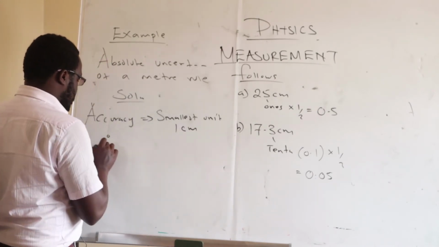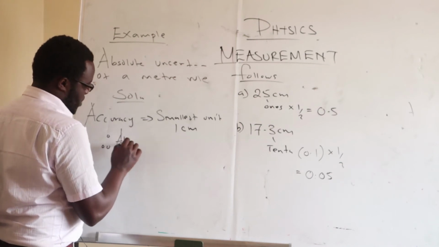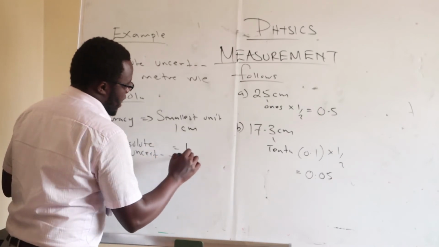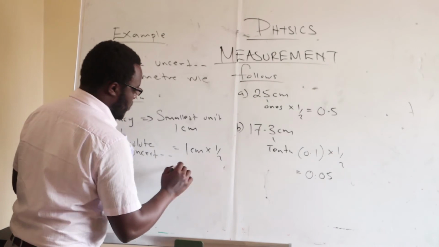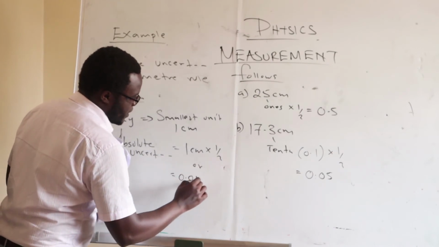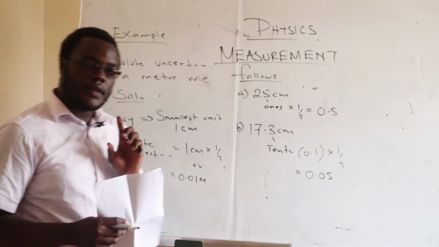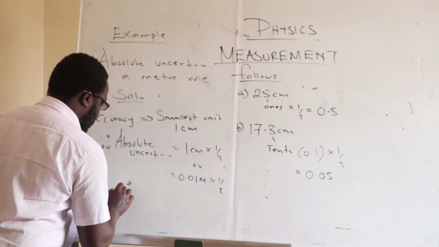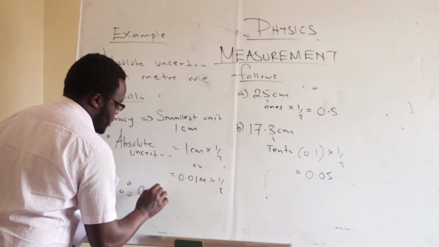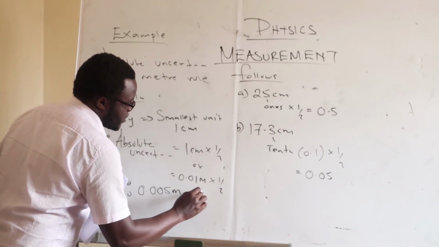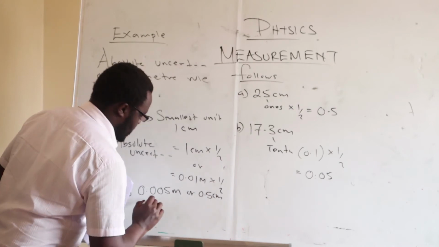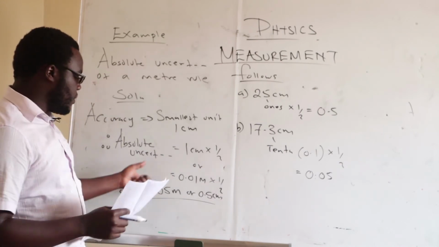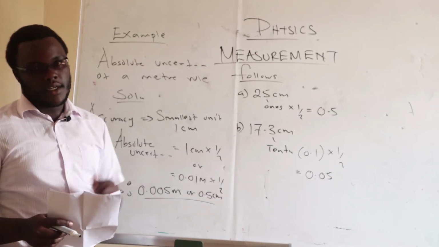Therefore, we can get our absolute uncertainty as 1 centimeter times a half, or 0.01 meter times a half. Remember that the SI unit of length is meter. Therefore, we now get our answer as 0.005 meters or 0.5 centimeters. And remember, with this, you can now get the relative uncertainty and also the percentage uncertainty where required.